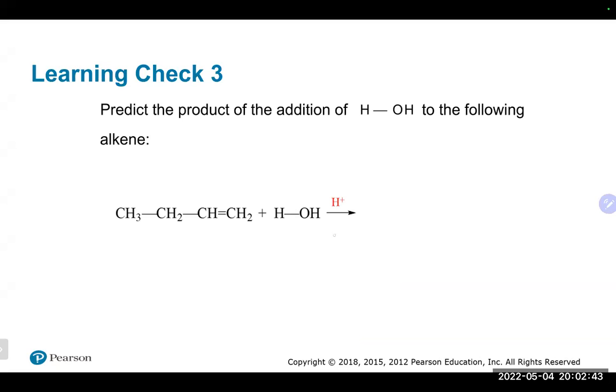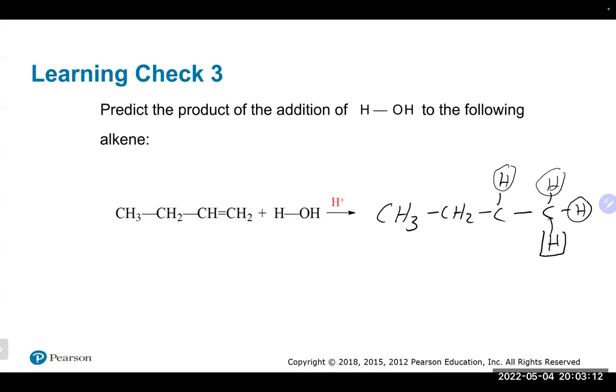So once again, here we would add our water in, and we would make our double bond into a single bond. And you're going to tell me, is there a difference where the hydrogen goes? The carbon where I made the single bond towards the end has 1 hydrogen. This one has 2, which means the H should be added up here and the OH should be added here, right?